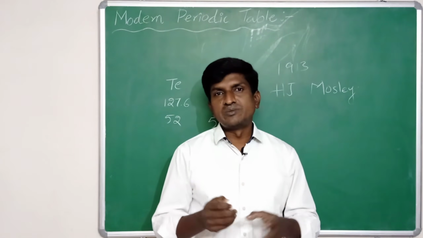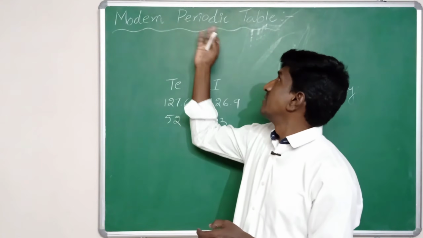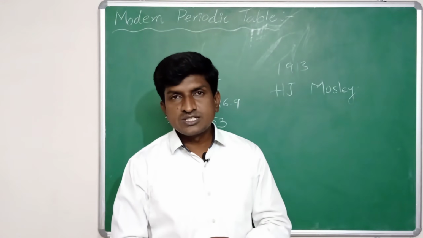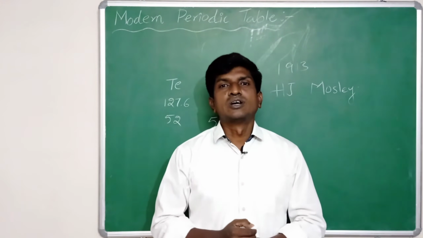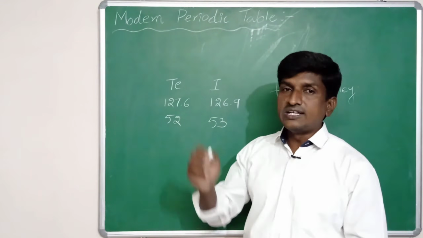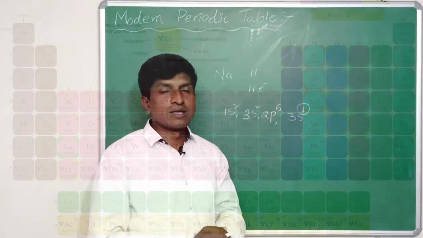This new arrangement is known as the modern periodic table. Mendeleev's periodic table is said to be the short form of the periodic table, whereas the modern periodic table is said to be the long form.